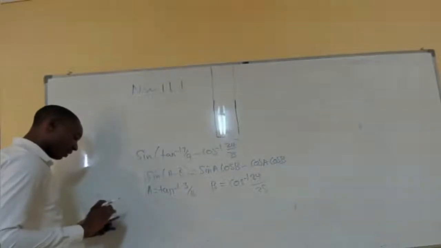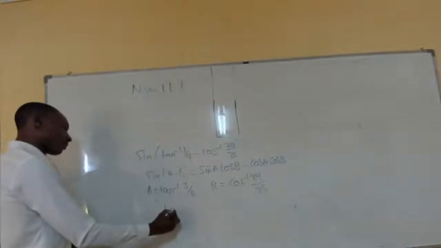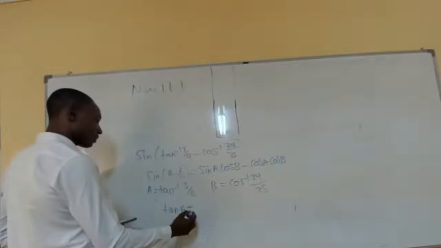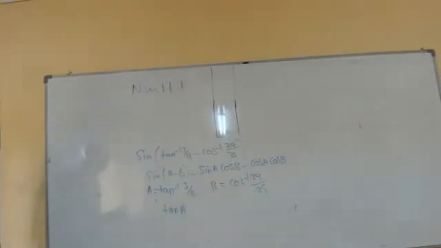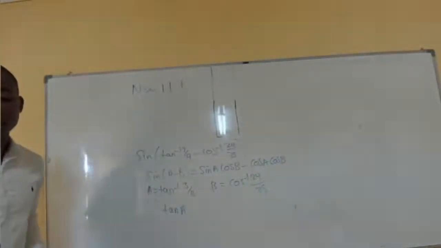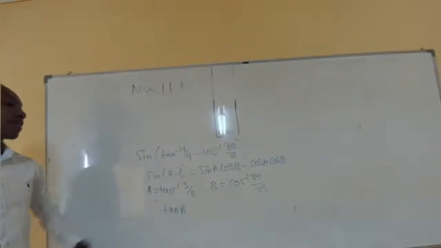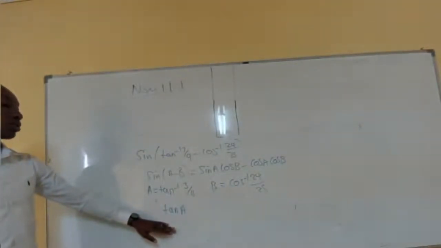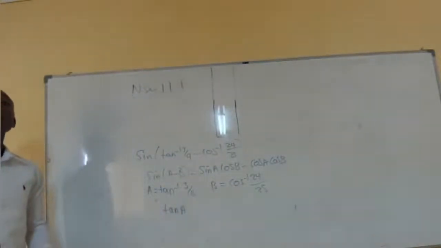Alright, then from here you can find tan A. In the next 2 minutes, find tan A and find tan B. You can write the expression for tan A, and also for cos A and cos B. Okay?